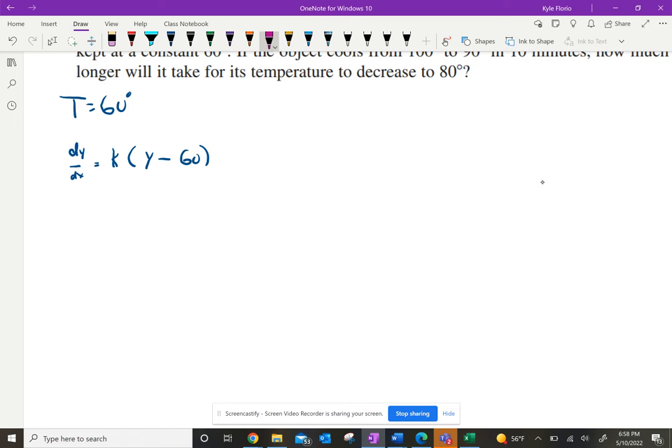So what I'm going to do is multiply both sides by dx to get the x off of the dy side. And I'm going to divide both sides by y minus 60, which is going to get the y and dy terms together. So what we're left with is 1 over y minus 60 times dy is equal to k times dx.